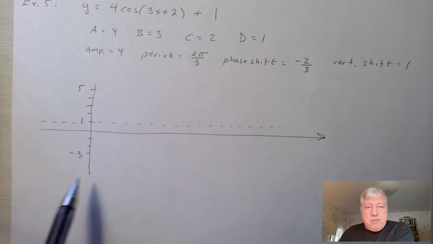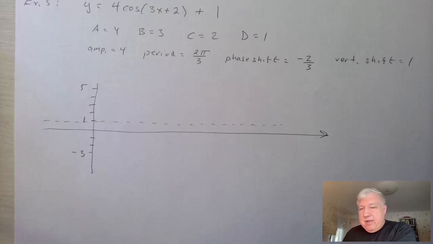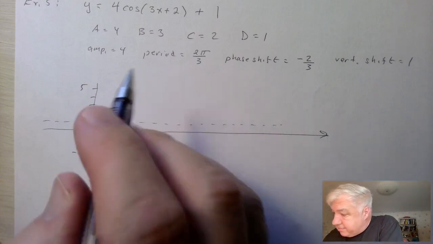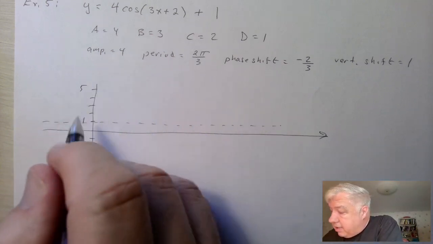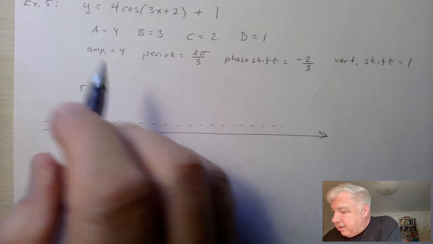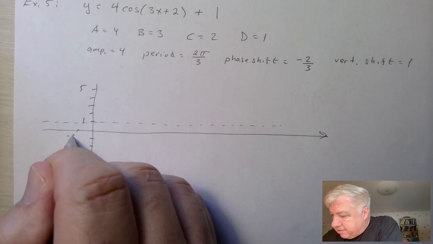So we can see that y is going to be between 5 and negative 3. The phase shift, it's all the way back here at negative 2/3. It'll not be completely drawn to scale, but here's negative 2/3.